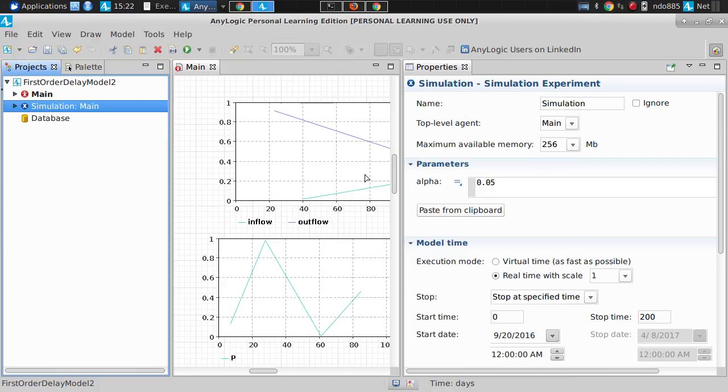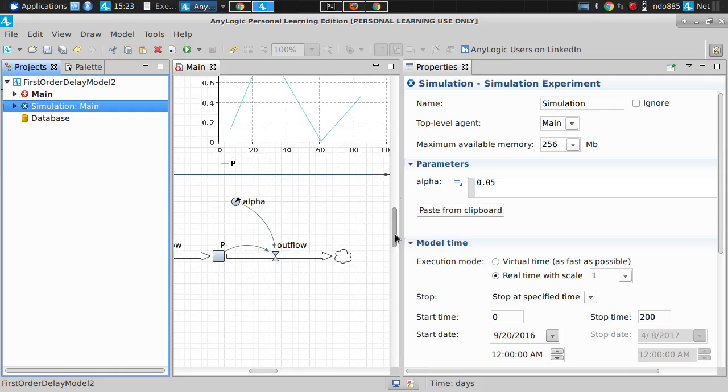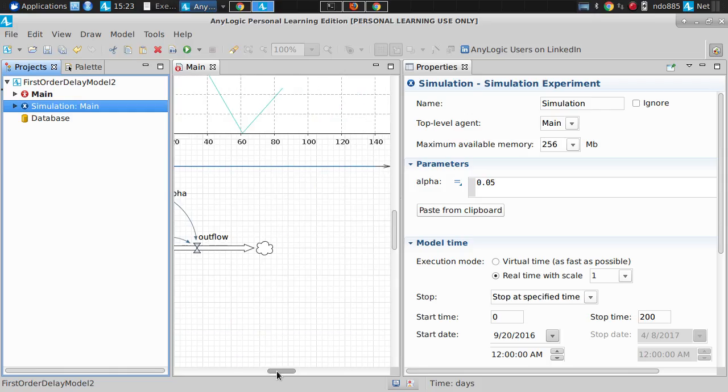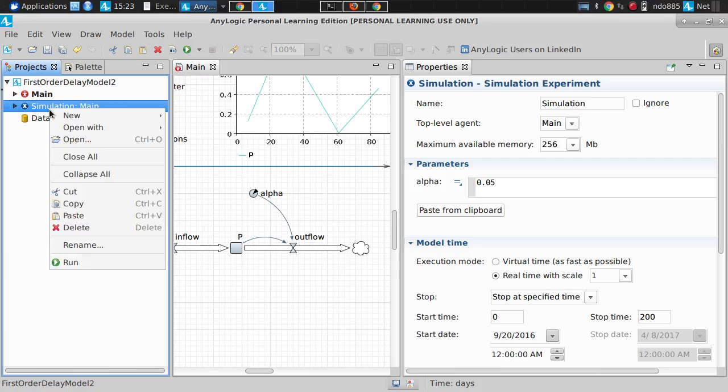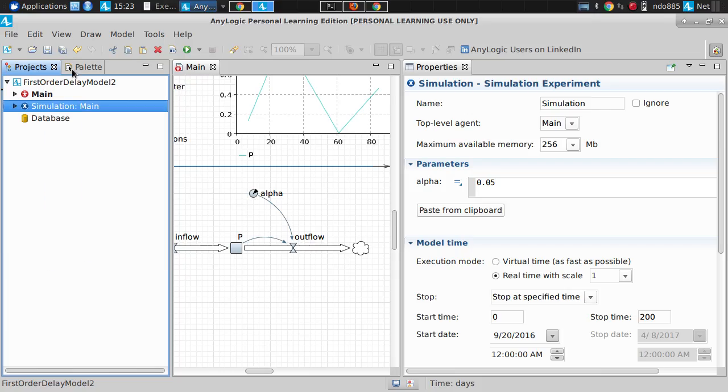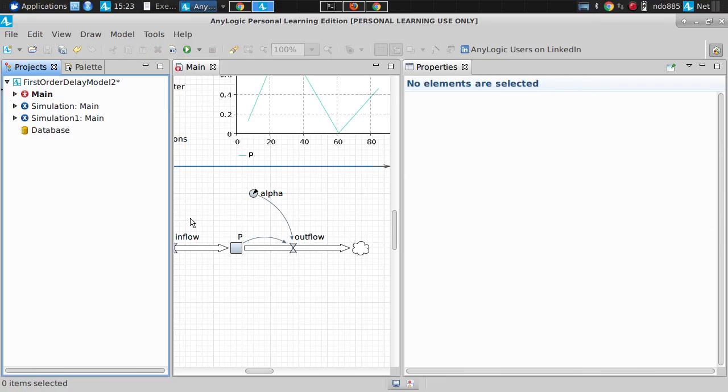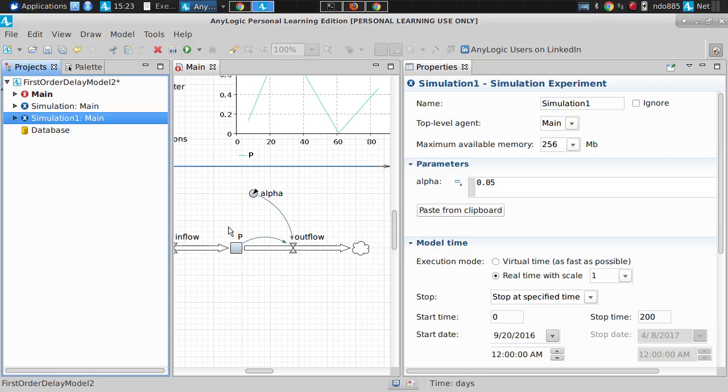Ladies and gentlemen, let's go now and change the formula here, we're going to change different alphas. In fact, we are going to copy the simulation and we will paste it in with a different assumption about alpha. Remember, with scenarios, we can specify different values for the parameters that live in main.